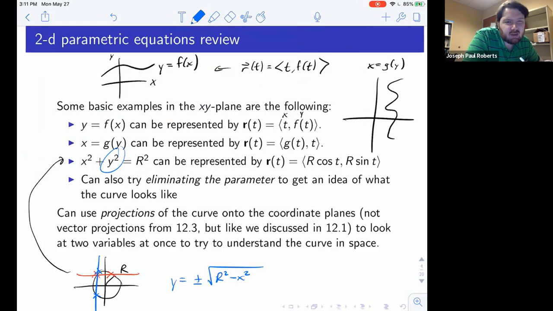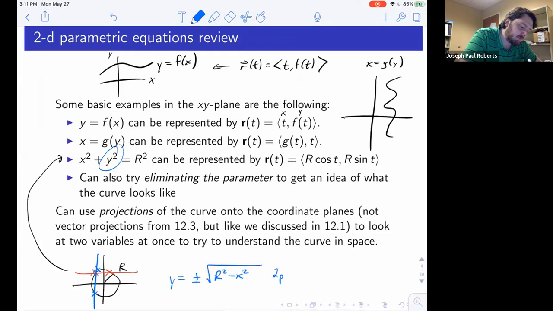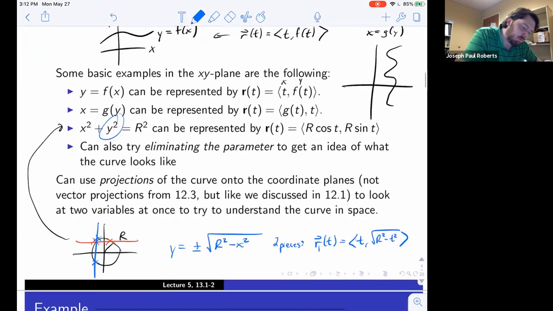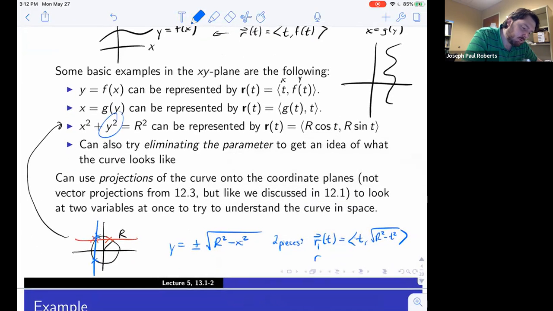And so it's true that you could let x function as your parameter, but you'd have to have two pieces. r1 of t is t comma square root of r squared minus t squared, but then your other piece would be r2 of t is t comma minus square root of r squared minus t squared. So to trace the entire circle, you'd have to do it in two halves.